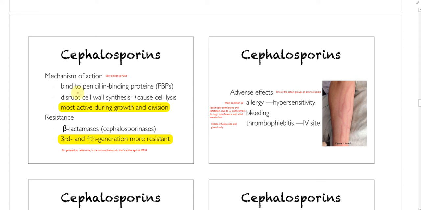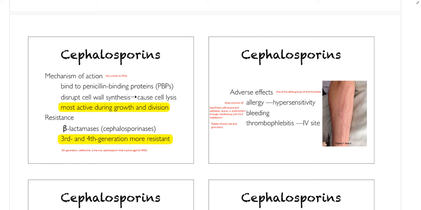And something that I missed was that penicillins bind to a laundry list of different proteins that are collectively given the term penicillin binding proteins, and those are the ones in the cell wall. By binding to them and causing ruptures in the cell wall, it allows the cell wall to become weaker.